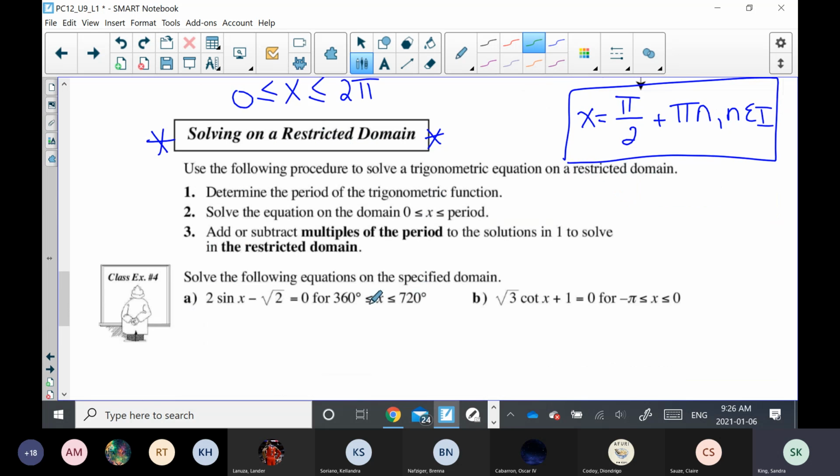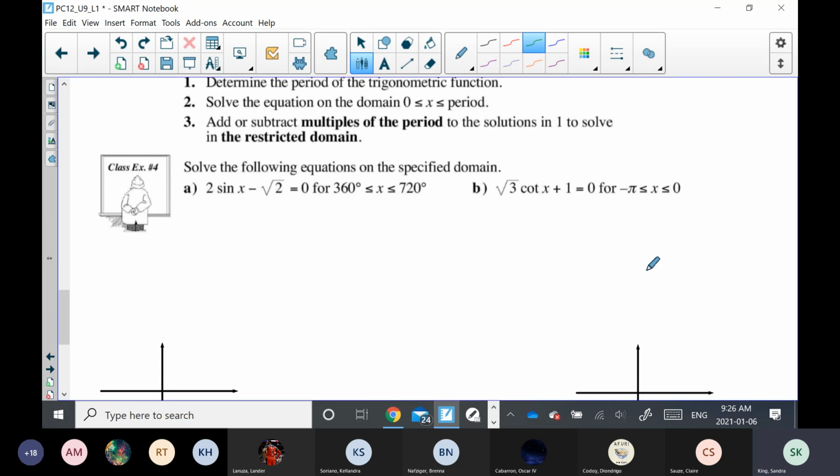Class example 4, we've got different domains, so we've got to change or restrict our domains. How we do this is as follows. You start with the exact same way that we've been doing. So I need everybody to isolate sine of x here.